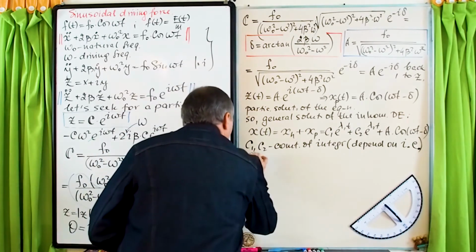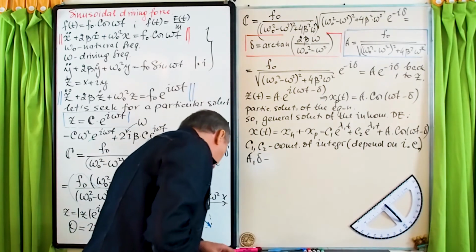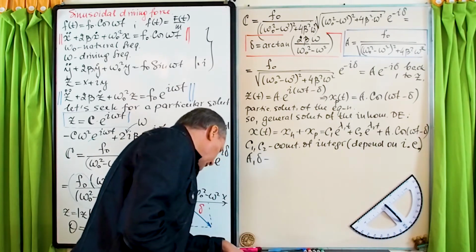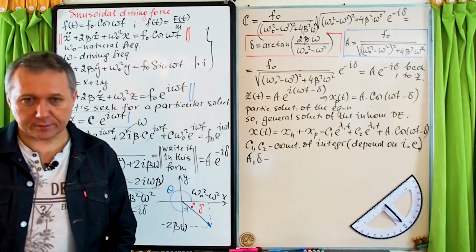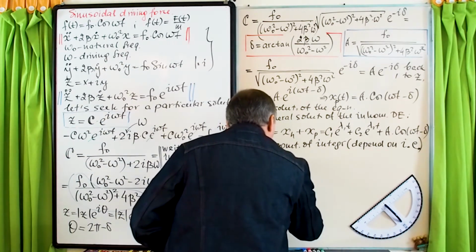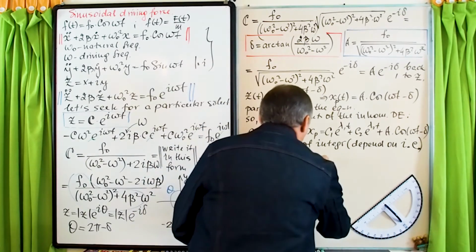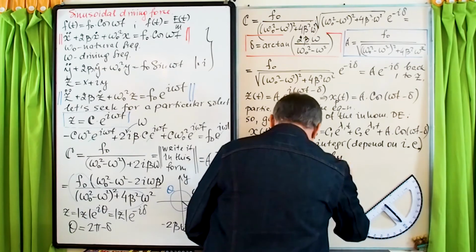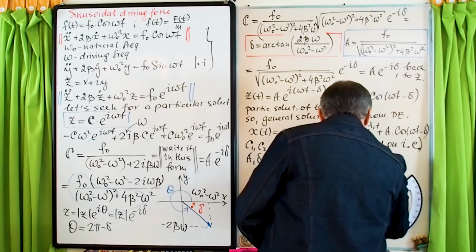And A and delta are determined by the system parameters.